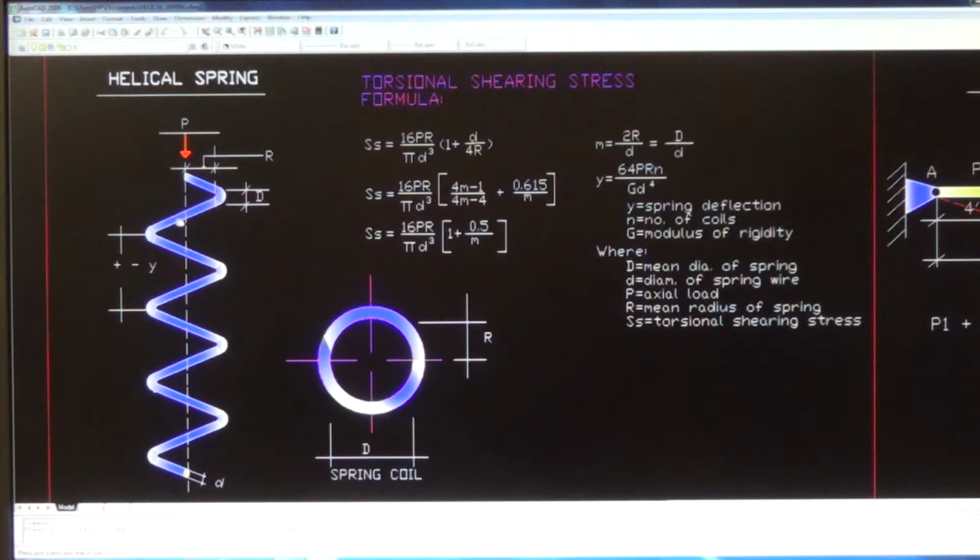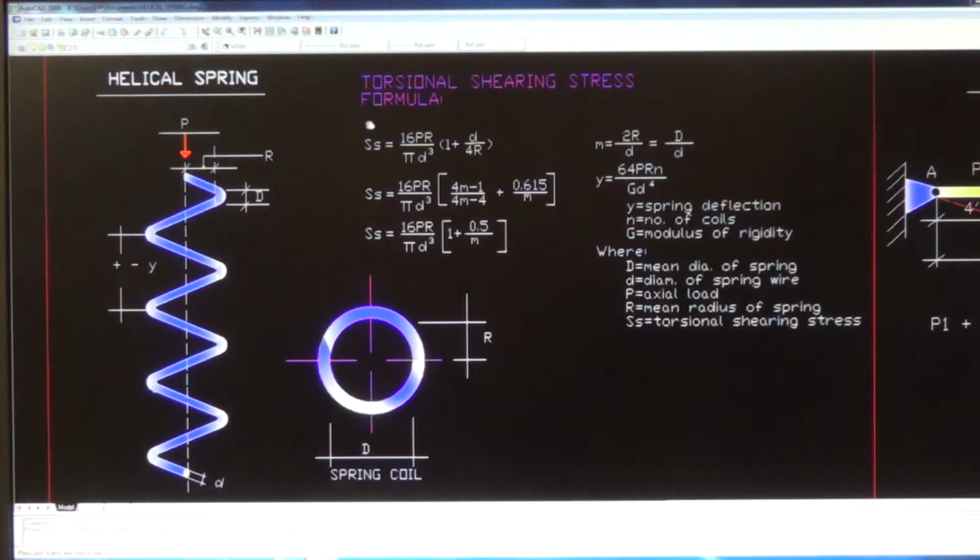That resistance of two forces going down and going up is a shearing stress. That's why the shearing stress occurs over the entire body of the helical spring. Therefore, it has torsional and shearing stresses.